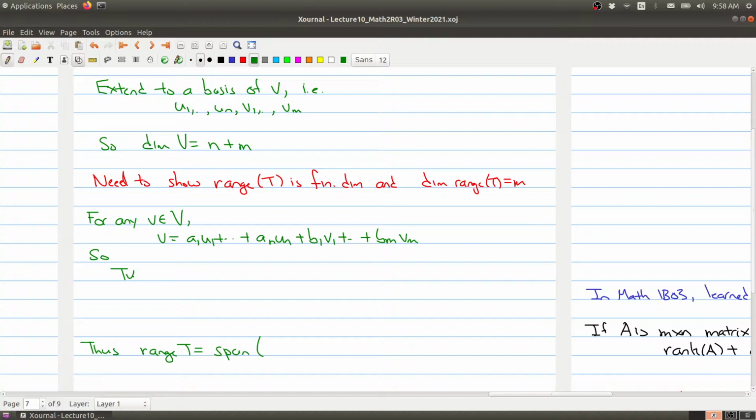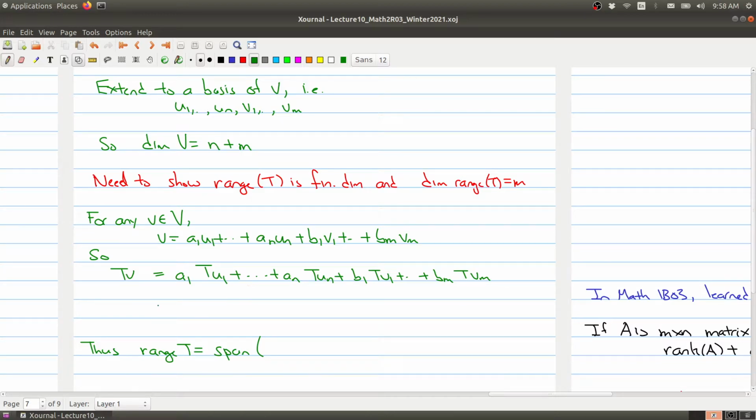I want to evaluate T at v. By using both homogeneity and the additive property, this is equal to a1 times Tu1 up to an times Tun plus b1 times Tv1 up to bm times Tvm. I'm just applying T to both sides and using the properties of a linear map.